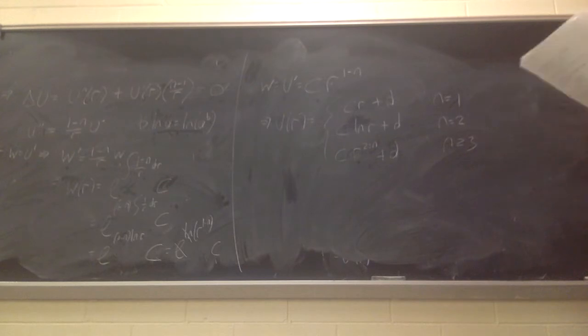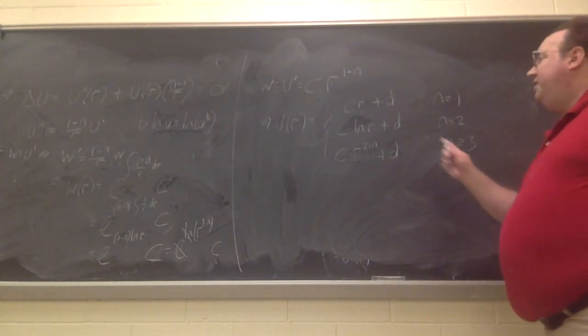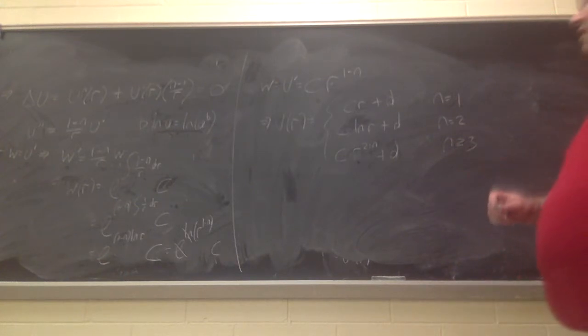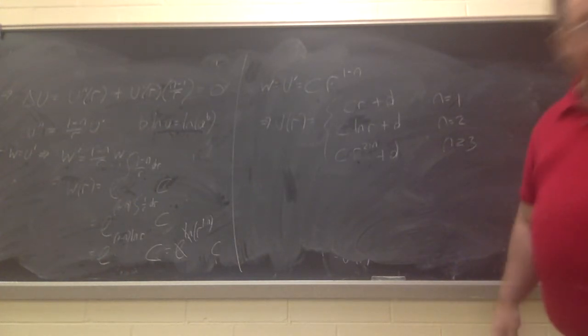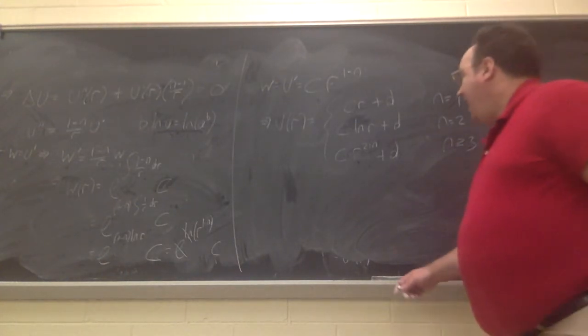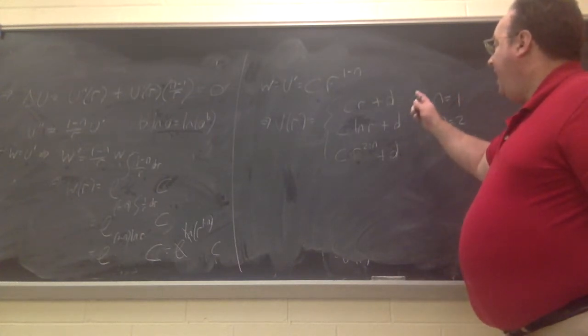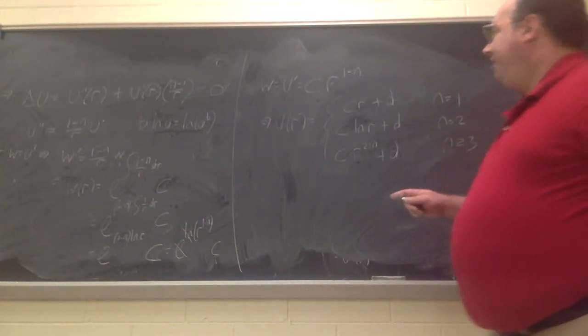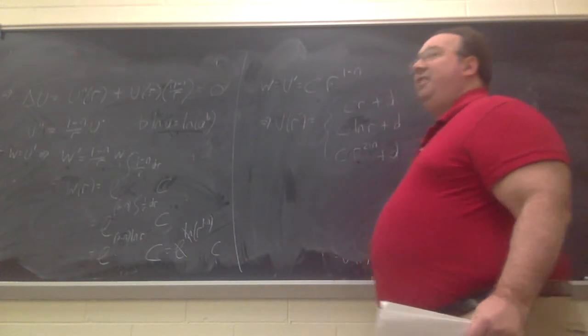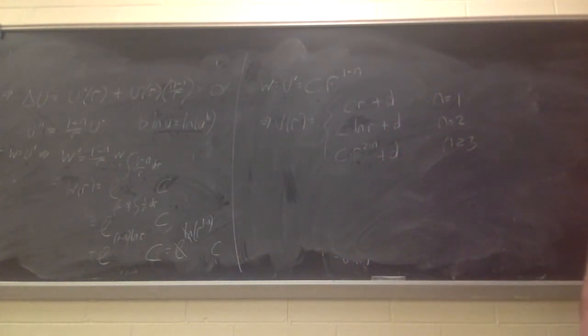But what we really want is to choose C and D so that at the origin, the Laplacian of this would actually equal the Dirac delta function.